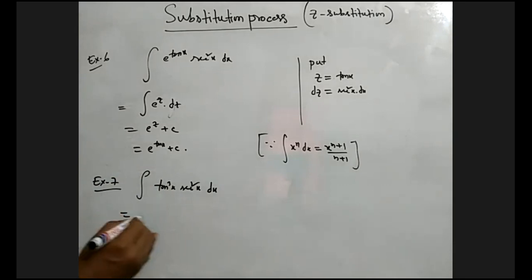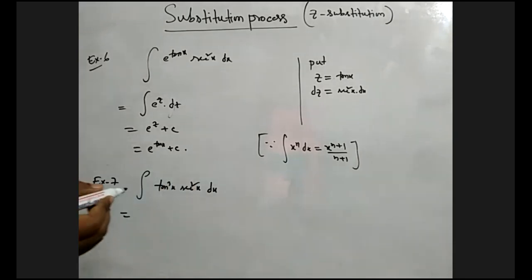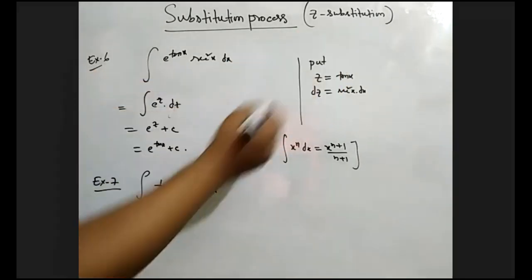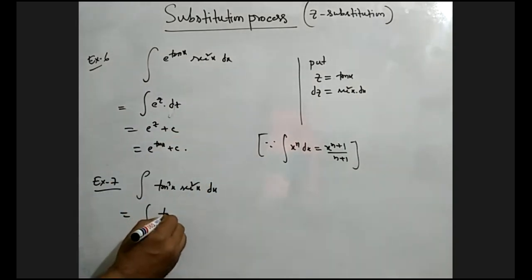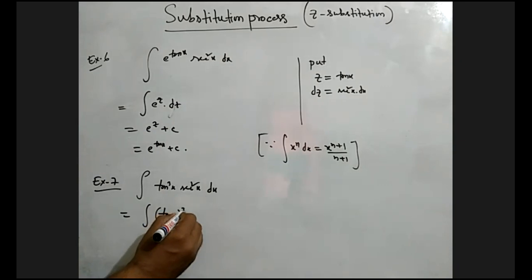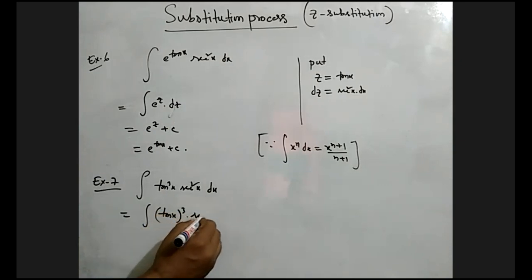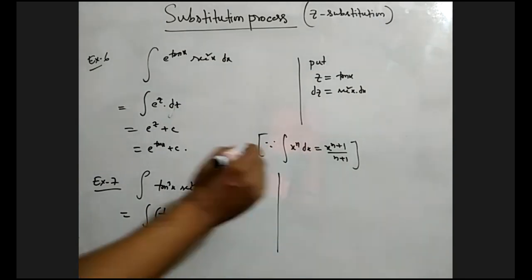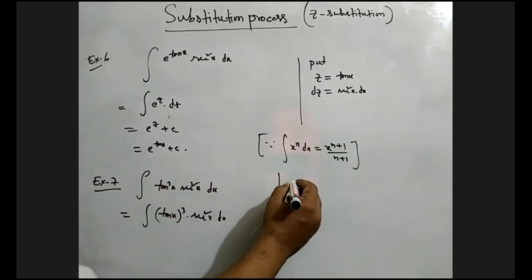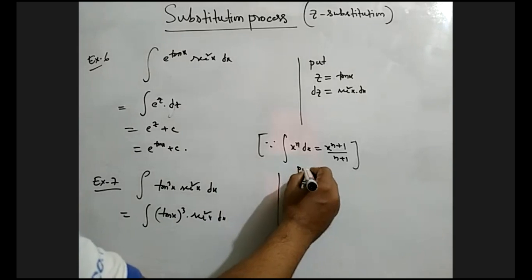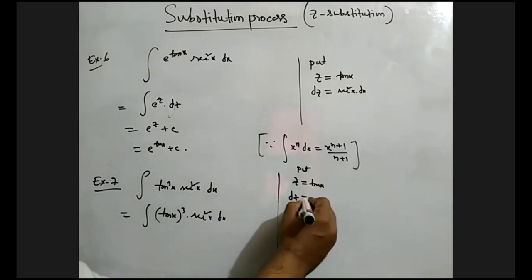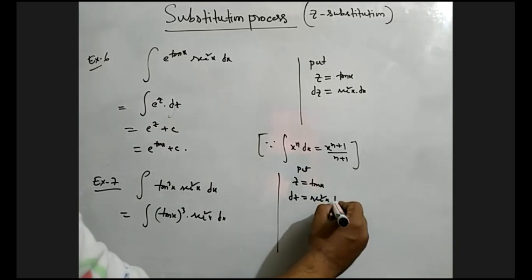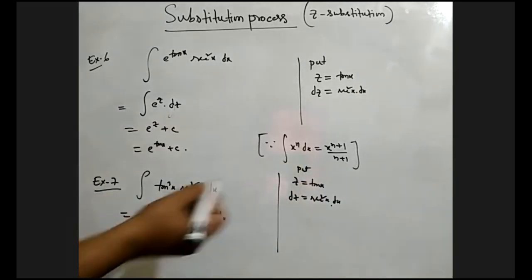Same procedure. Tan x equals z. So this can be written as tan x whole cube into sec square x dx. We can use the same procedure here. Put z equals tan x. So dz equals what will be? Sec square x dx. Same procedure.